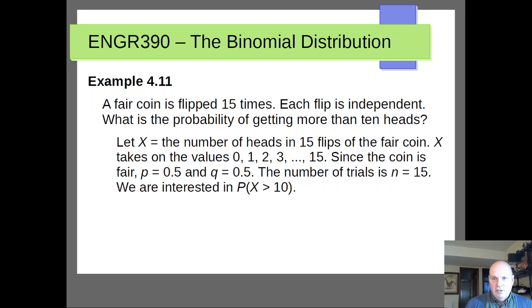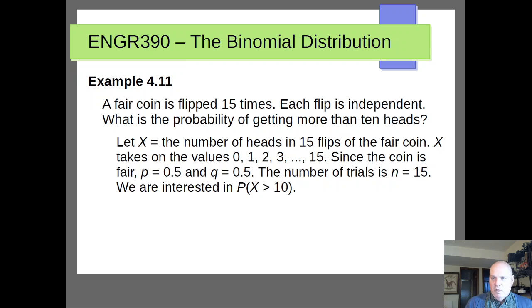So here's a simple example. I talked about the coin flipping example. A fair coin is flipped 15 times. Each flip is independent. What's the probability of getting more than 10 heads? In setting this up, X would be the number of heads in 15 flips. In any experiment, X could take on any of the values between 0 and 15.